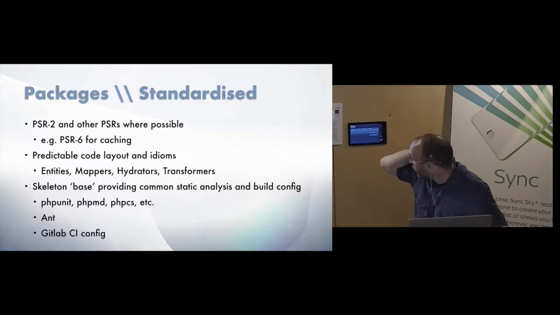And then more lately, we've implemented build pipelines for these in GitLab CI. So anytime anyone needs to create a new package, and they do get created still every now and again, you can just base off the skeleton, and you've got yourself a nice foundation to build off.